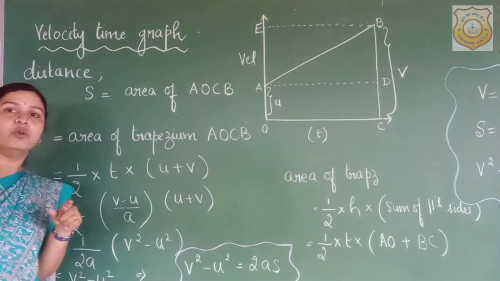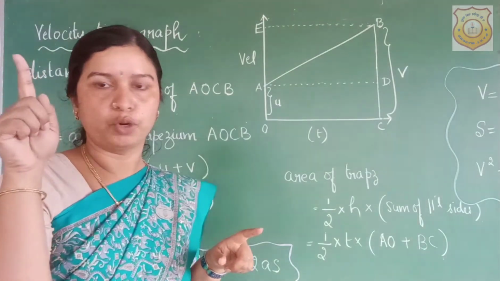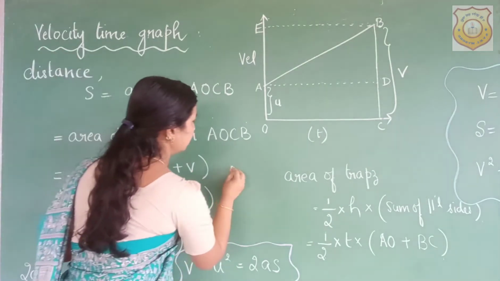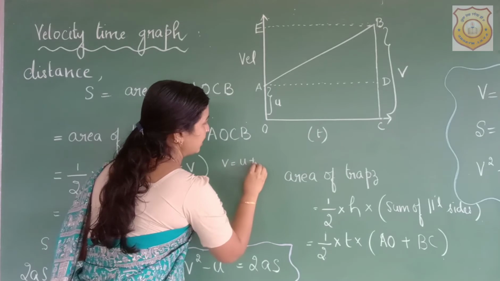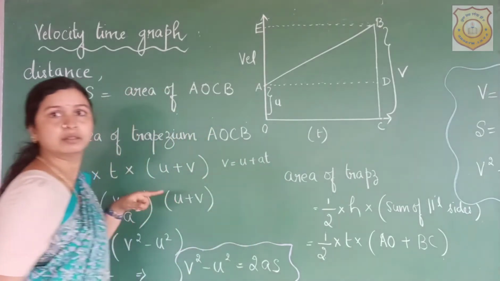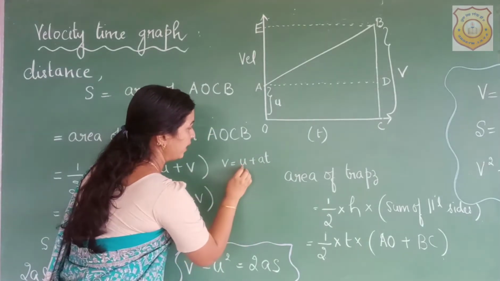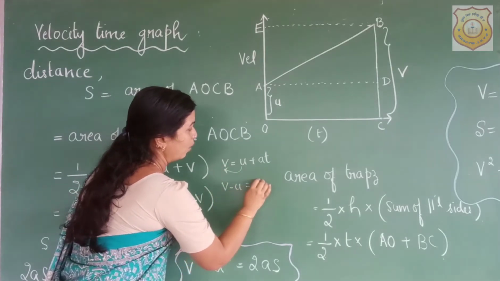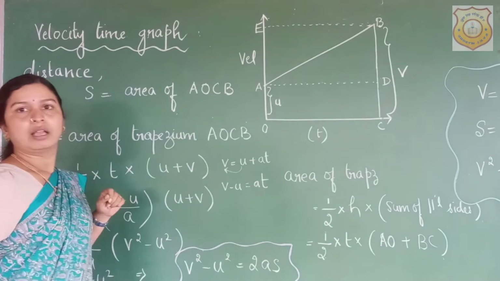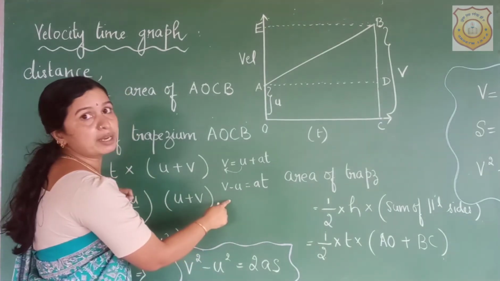So we will again go back to the first equation of motion, which is v equal to u plus at. Remember? Yes. So bring it back the other side, we get v minus u equal to at. Now bring this a to the denominator.